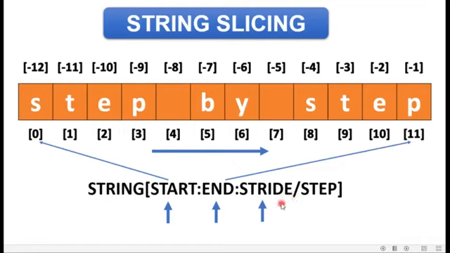But if I give the stride value as negative, then what will happen? The string will be printed in reverse order. So the portion retrieved from the string will be printed in reverse order, as we have taken the example of these two characters.